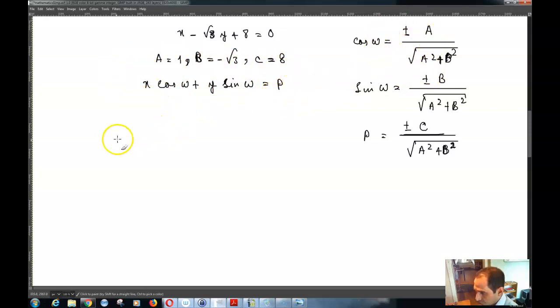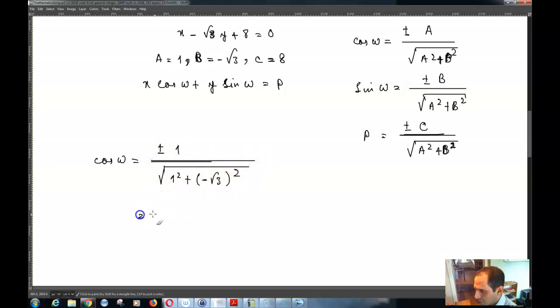So if I want to calculate, for example, cos omega here, it's going to be a, which is equal to 1, so plus or minus 1 over the square root of a squared plus b squared. So that's 1 squared plus negative square root of 3 whole squared.